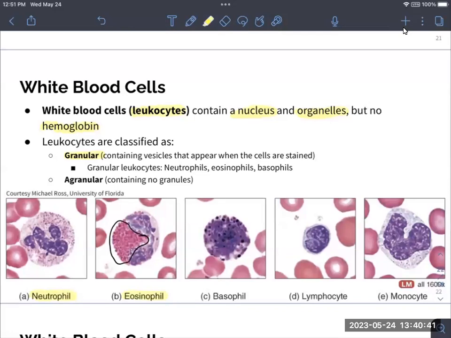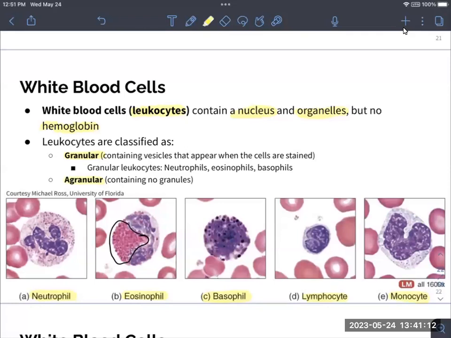Those are considered granules. These basophils, they've got lots of dots through there. Those are those granules. And then we have agranular, or agranulocytes. That's what they're also known as. They don't have granules like granular white blood cells do. Lymphocytes and monocytes.